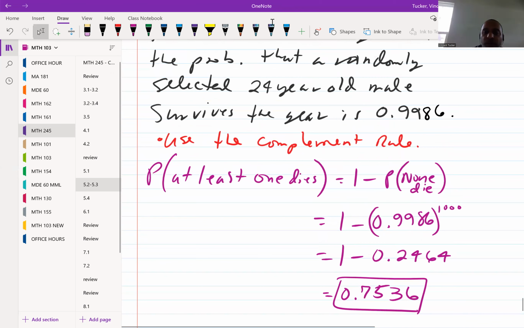Any problems before we go to 5.4? All right, done copying.